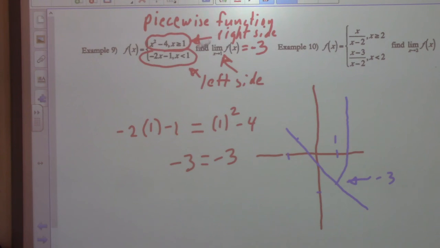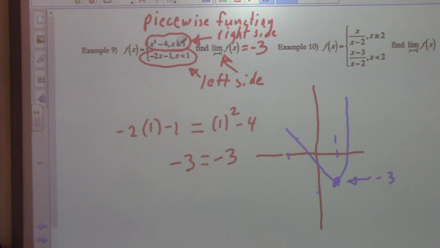It also says greater than or equal, so we know this is filled in here. Our left side limit is this one right here. Is this what the graph looks like? Yeah. And we know it's filled in because we see greater than or equal.